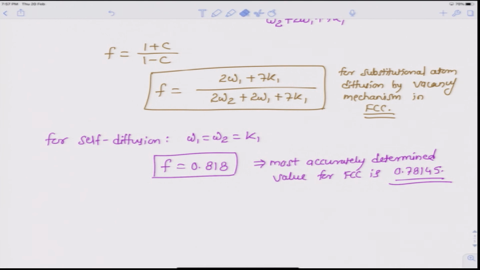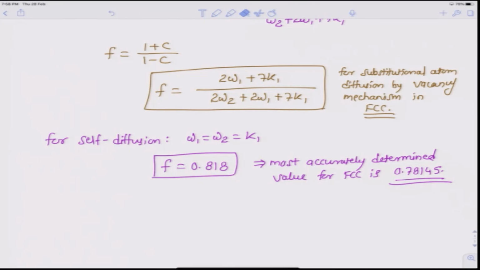Now, there is a difference between the most accurately determined value and the value that we determined here, and this difference is because of our simplistic assumption. We assumed that any vacancy that made a k1 type of jump is permanently lost. We did not consider that vacancy in the correlation effect if it made a k1 type of jump, but in reality the vacancy can go onto the second coordination shell of the tagged atom and still come back.